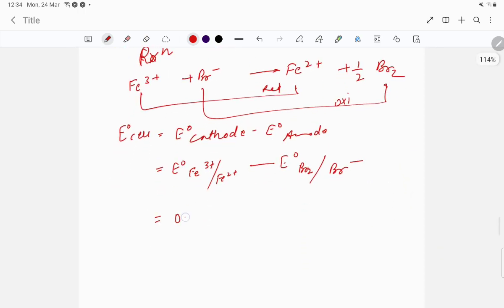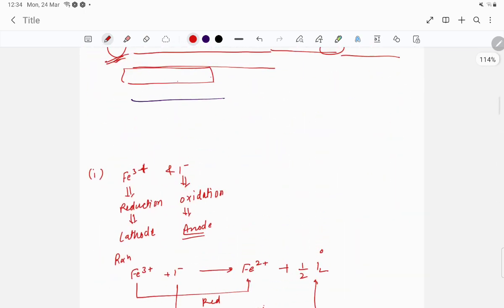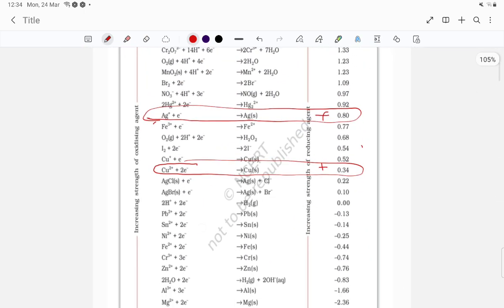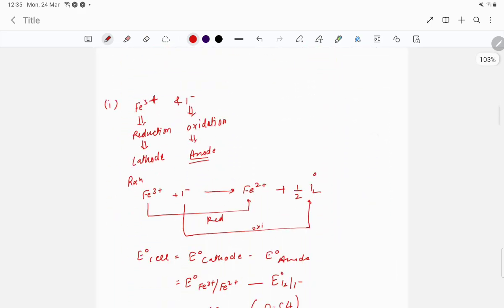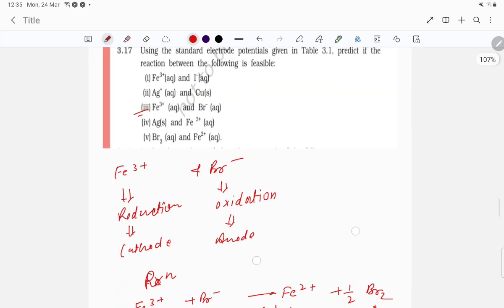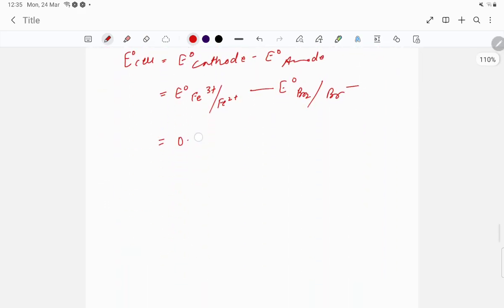Fe3+ value you can see in the table, and Br value also. Fe3+ value 0.77 and Br value is 1.09. So Fe value 0.77 minus 1.09, so it is minus 0.32 volt E naught cell.